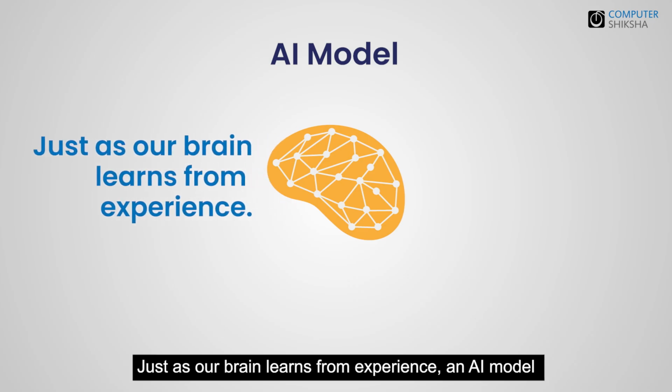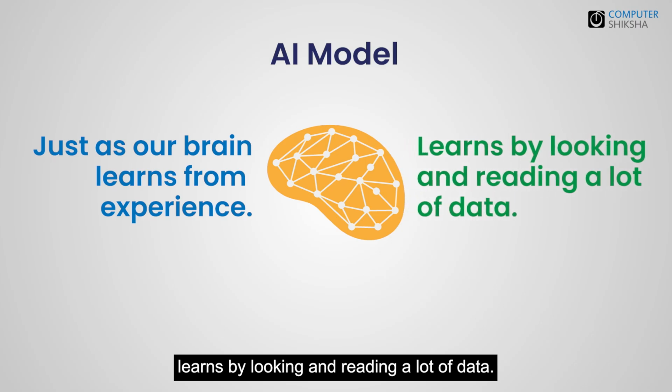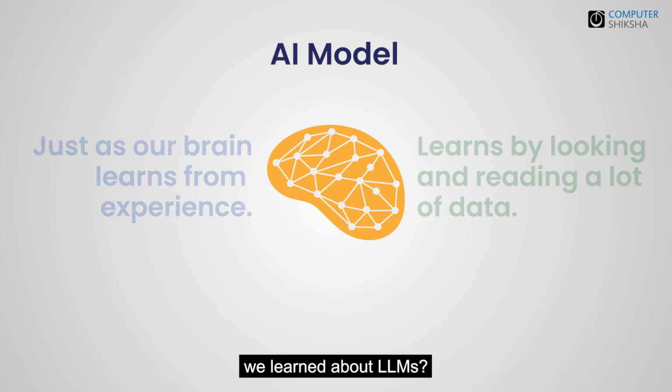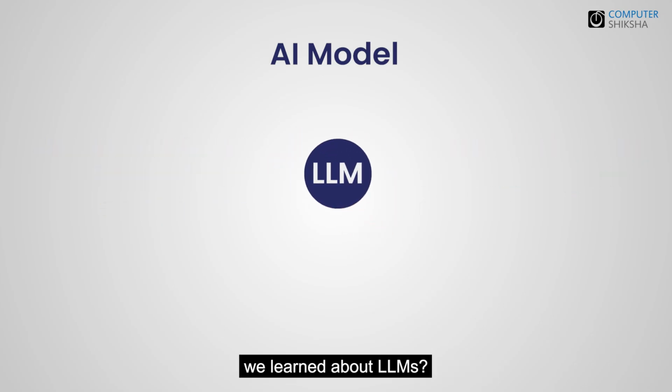Just as our brain learns from experience, an AI model learns by looking and reading a lot of data. Do you remember that in chapter 1 we learned about LLMs? I can see some confused faces. That's okay. Let us go over LLM once again.